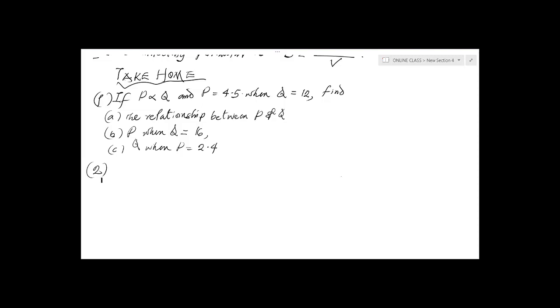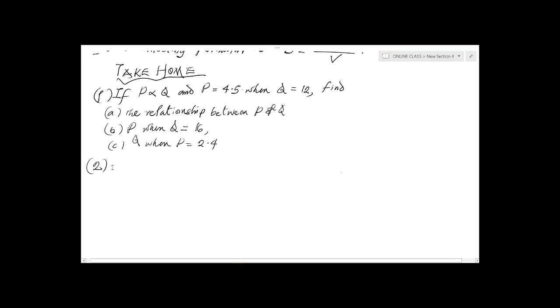Number two question. If T varies as 1 over S and T equals 2 when S equals 60.